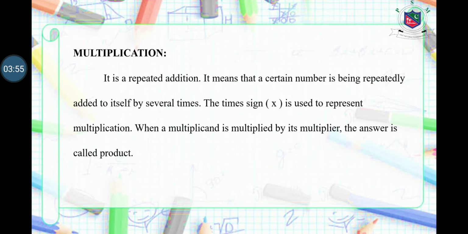The times sign cross is used to represent multiplication. When a multiplicand is multiplied by its multiplier, the answer is called product. So here multiplicand, multiplier and the product are the terms used for multiplication.